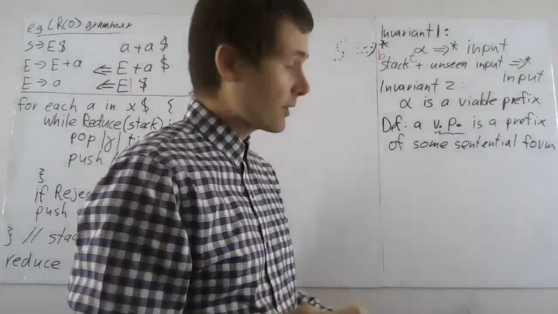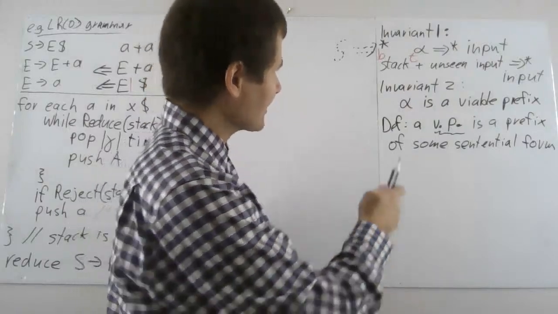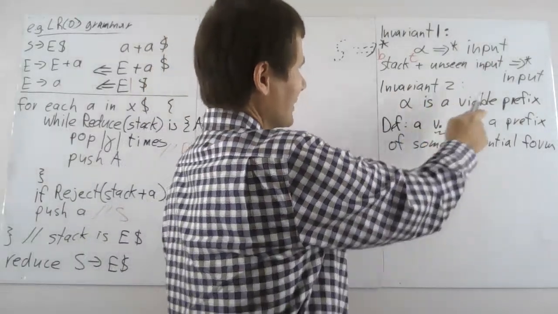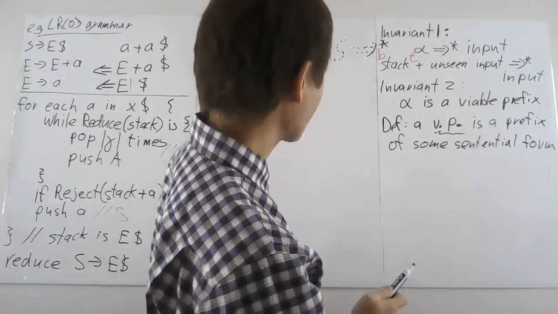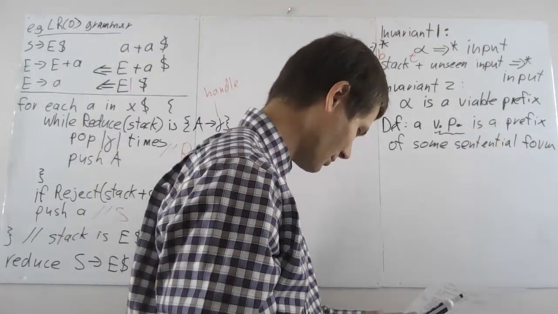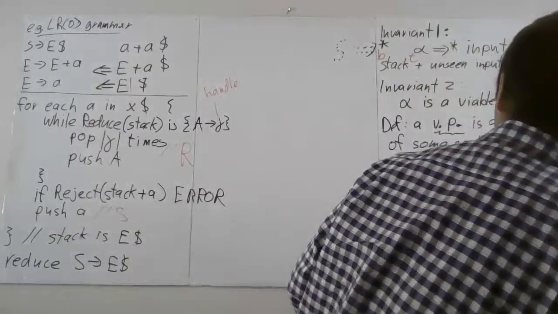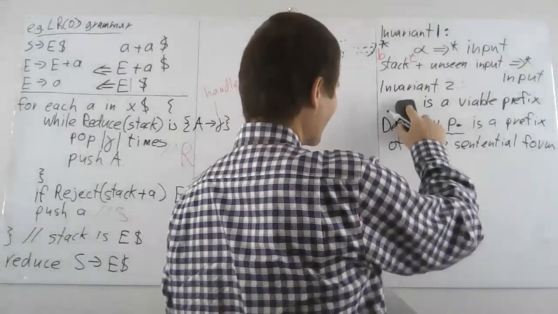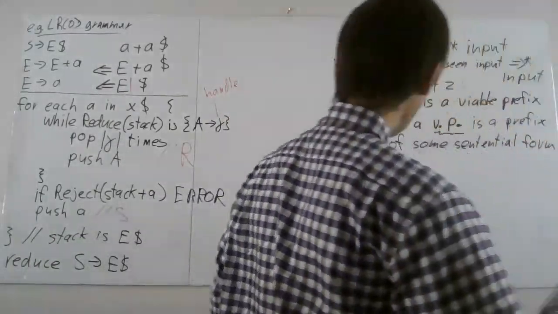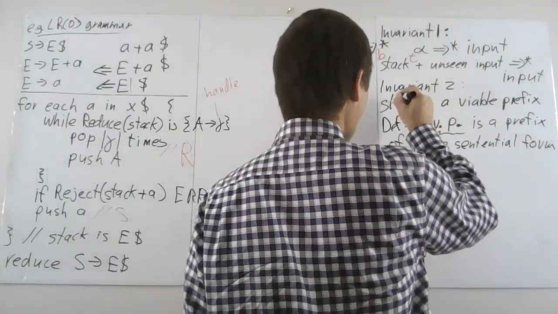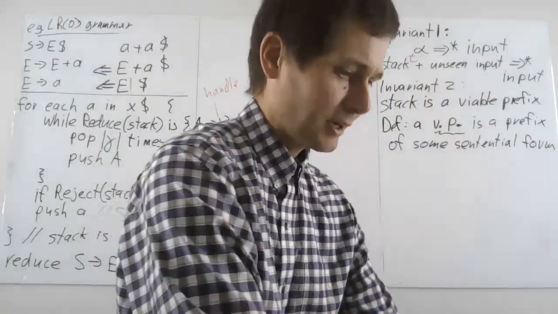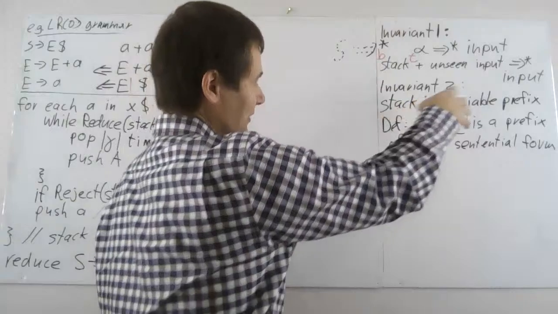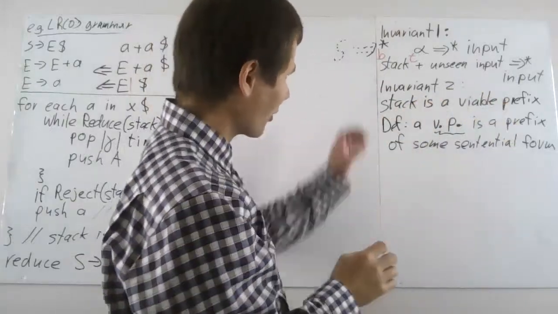Okay, so when I say that my invariant is that alpha is a viable, okay, I messed this up. It's not alpha. I don't want to say that alpha is a viable prefix. I want to say that the stack is a viable prefix. Okay, and a viable prefix is a prefix of some sentential form.